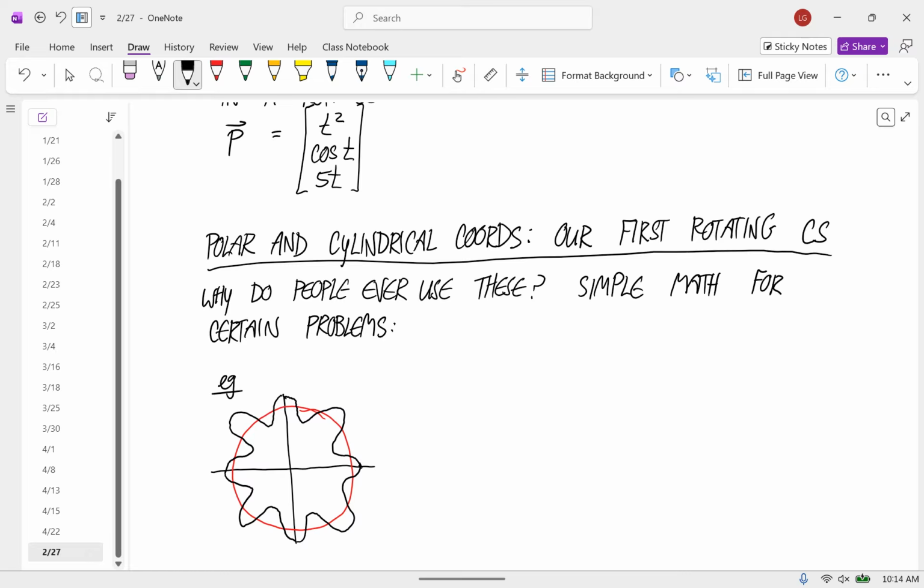I mean, imagine trying to represent that function using parameterization or whatever. It would be kind of chaos, but in polar coordinates, this is nice and simple. You have a function that just says r is equal to 5 plus cosine of 8 theta. That's just such simple math for such a crazy looking thing.